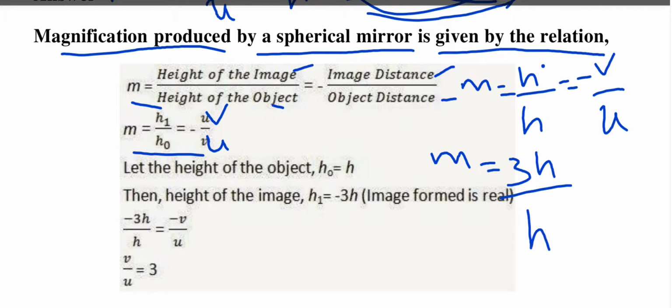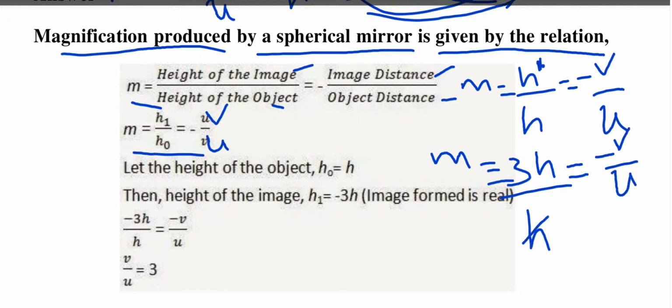Since it is real, we have to take it as negative, because a real image is always inverted. If the height is below the principal axis, we take it as negative. So h prime is below the principal axis, so we take minus 3h. So minus 3h divided by h is equal to minus v divided by u.